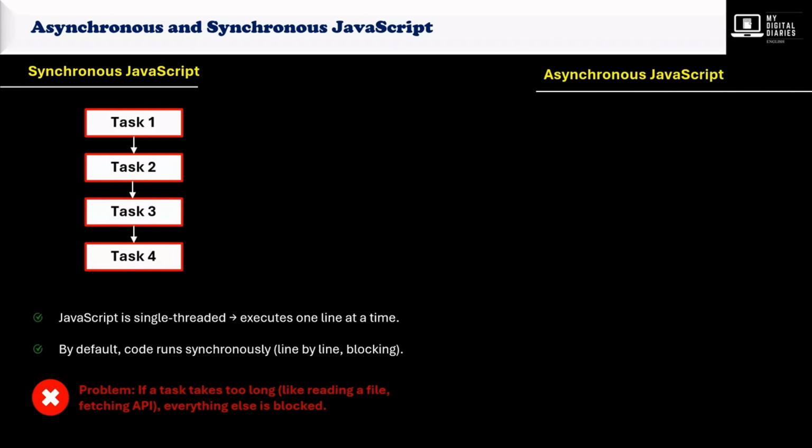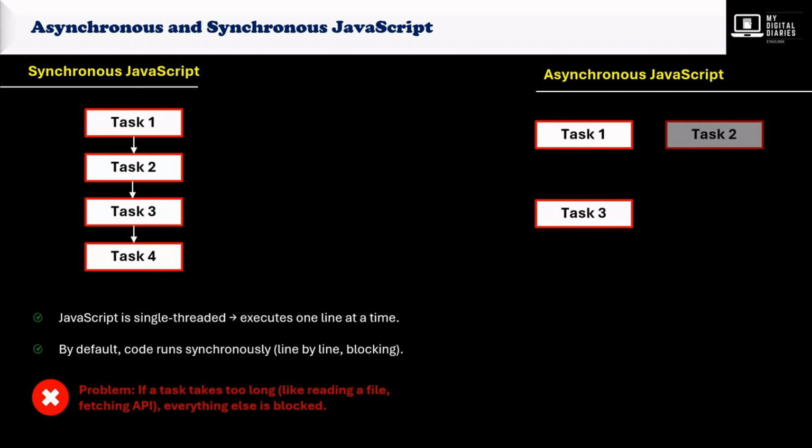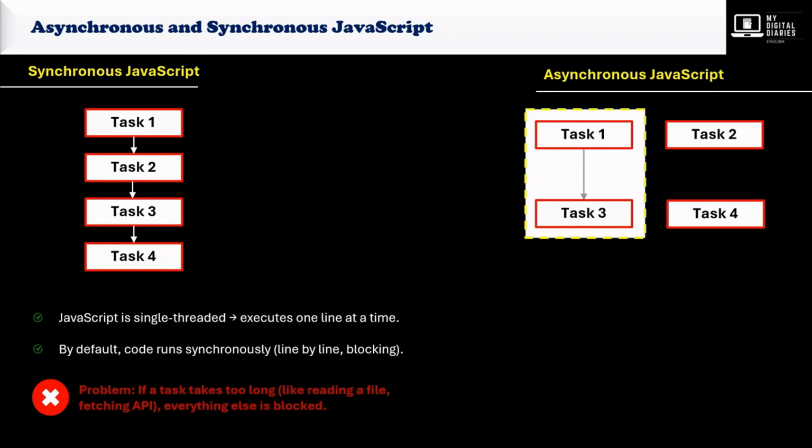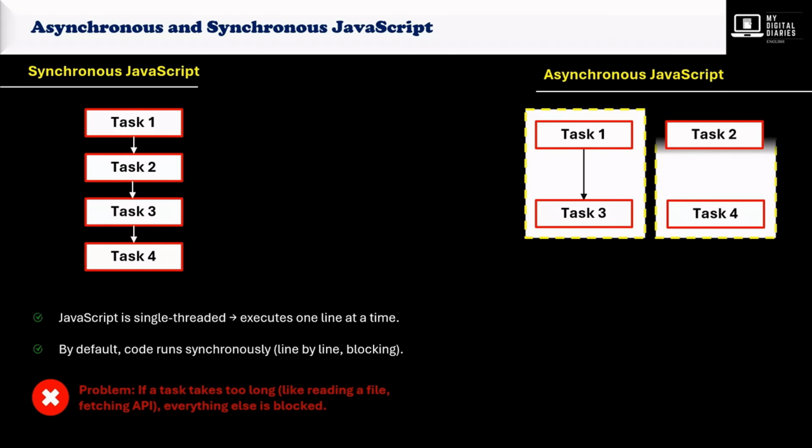To overcome the problem in synchronous JavaScript, the concept of asynchronous execution was introduced. In asynchronous JavaScript, tasks can run independently without waiting for the previous task to complete. So for example, here task 1 and task 2 can start at the same time. While task 1 is still processing, JavaScript can go ahead and run task 2, task 3 and task 4 in the background.